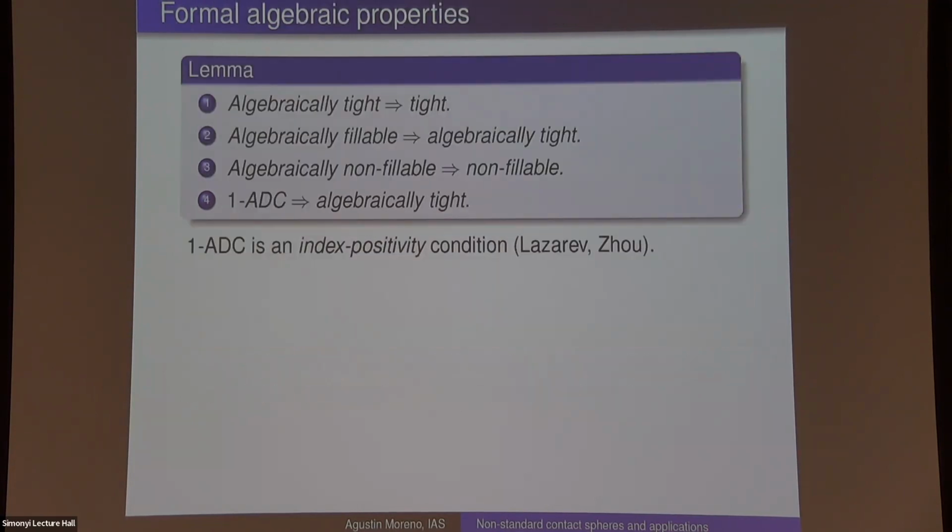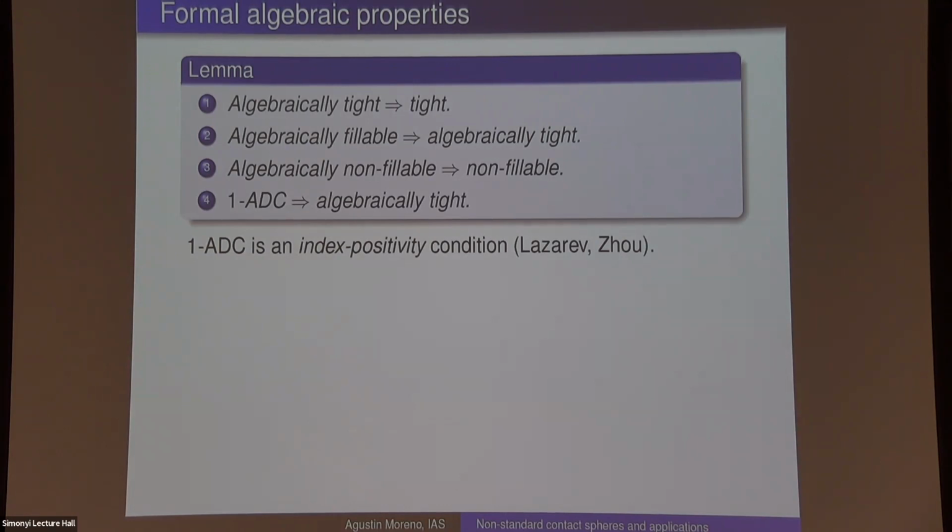There's a bunch of formal properties of this notion, which are coined in this lemma. First of all, algebraic tightness implies geometric tightness, simply tightness. In other words, if you have an overtwisted contact structure, then the contact homology is zero. Moreover, algebraically fillable implies algebraically tight.